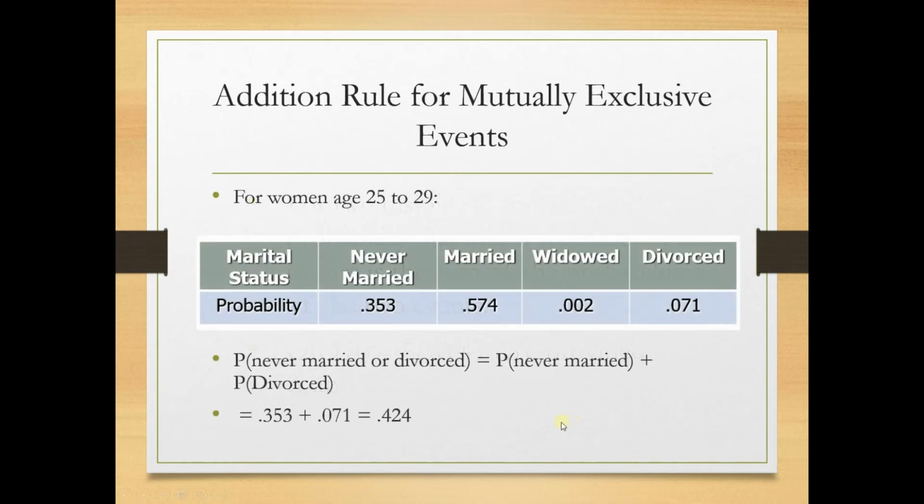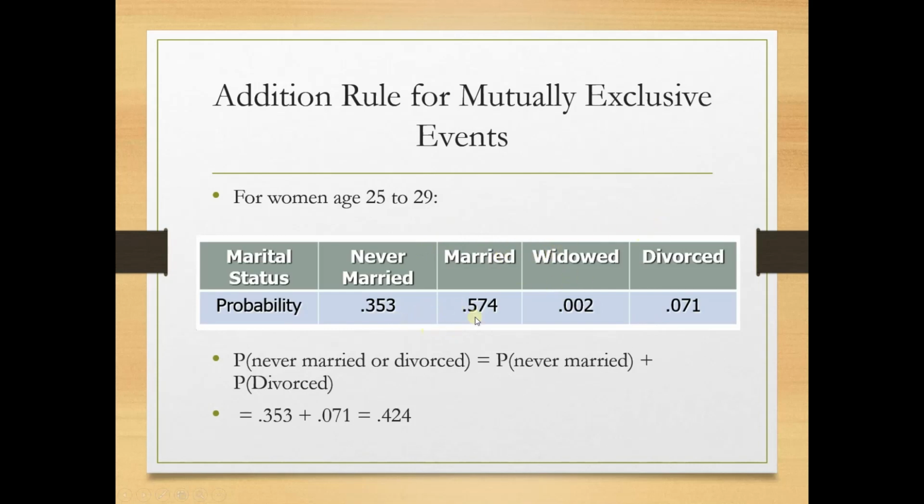So here's just the addition rule for mutually exclusive events. Now we're going to assume that never married or divorced, well, I guess those things would be mutually exclusive. Some people will argue that you can be married and divorced at the same time, but let's just assume all of these are mutually exclusive. So for women aged 25 to 29, here are the 4 things they can be for marital status.